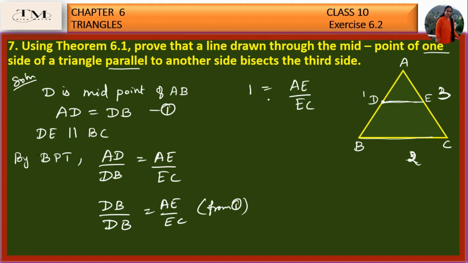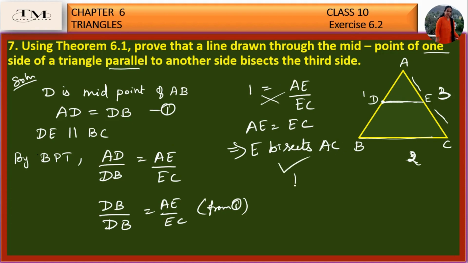If you cross multiply, you will get AE equal to 1 into EC, which is EC. So AE is equal to EC. These two lines AE and EC have the same length. That means E bisects the third side AC. This is what we had to prove and we have proved it.